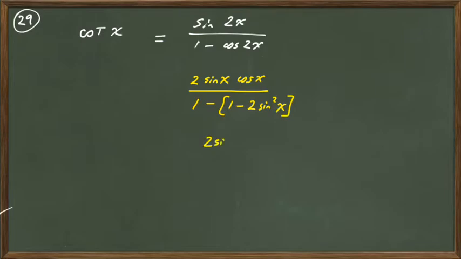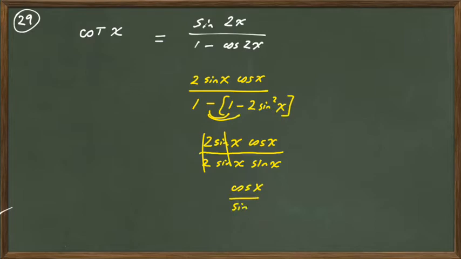So that leaves me with 2 sine x cosine x on the top. On bottom, 1 minus 1 is 0, and that becomes 2 sine squared, which allows those to cancel, leaving me cosine over sine, which is cotangent. And then that would match what I needed it to match.